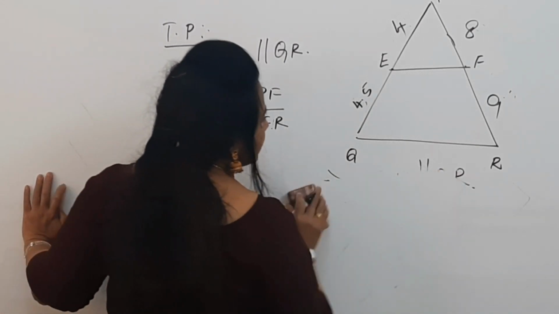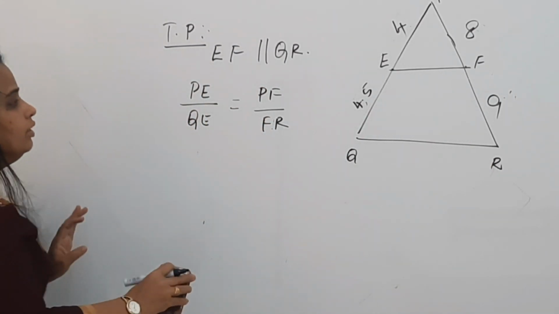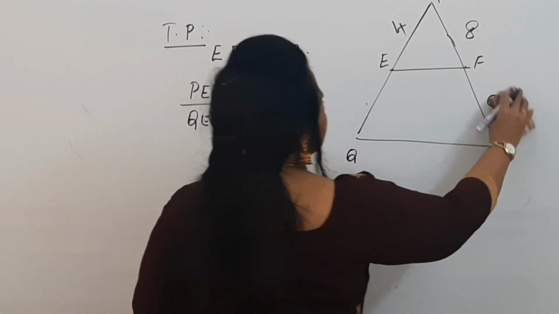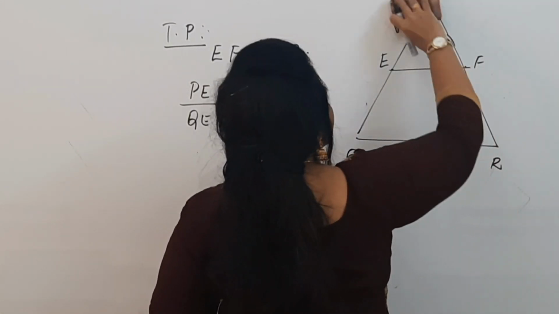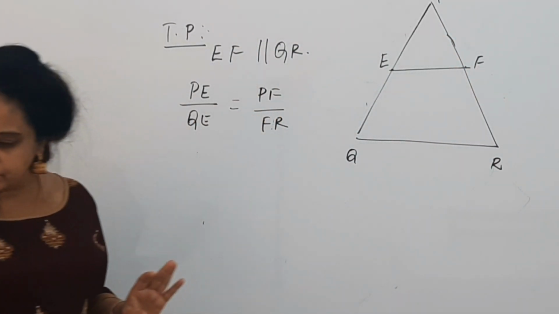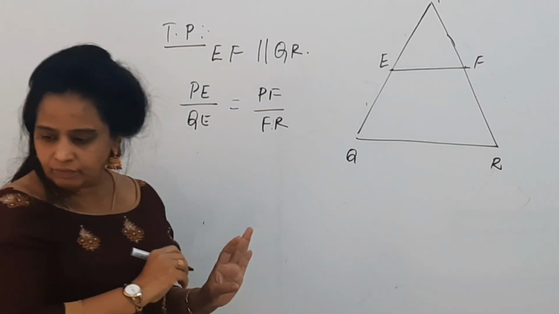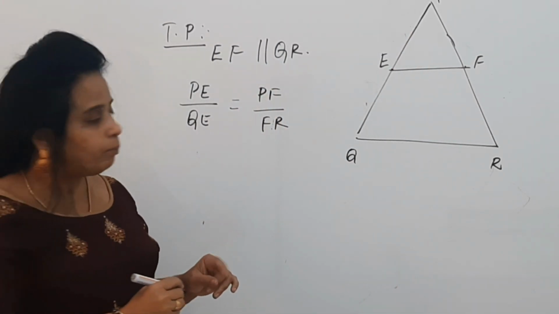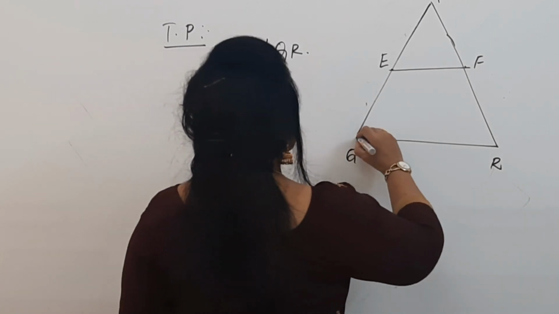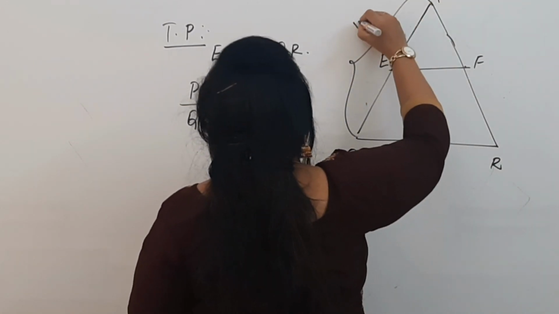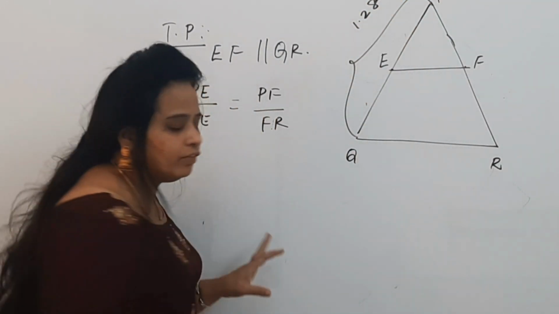So the measurements are given like this. So let me write the measurements here. PQ is given 1.28. Have to be careful.